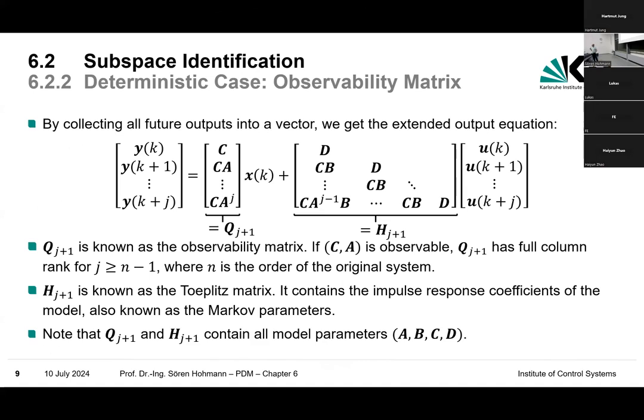That's the good news. Somewhere in the observability matrix and the Toeplitz matrix, everything is included. So if we have these, we'll be fine.